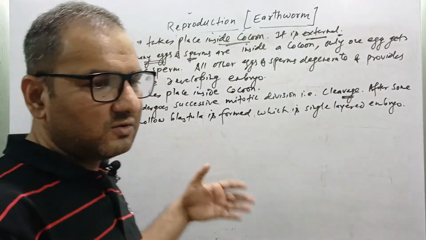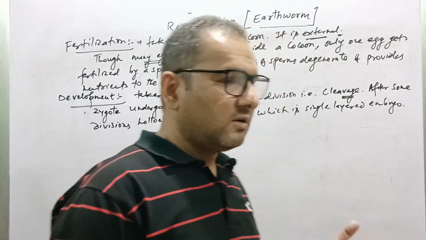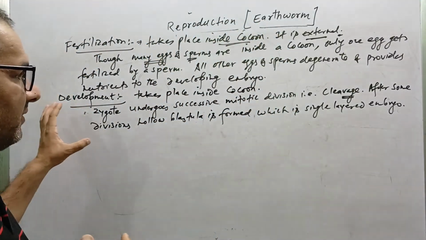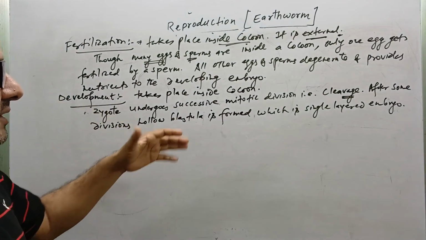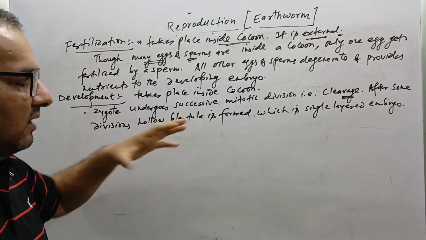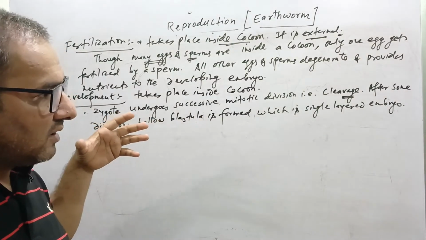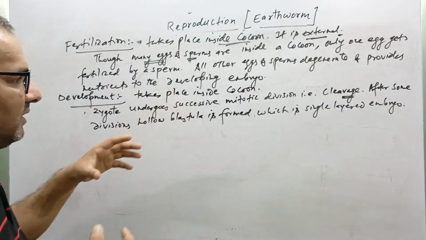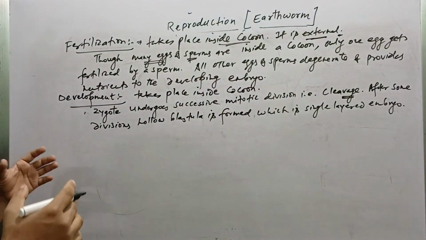This blastula undergoes some modification. We are not concerned with the detailed study of the development, so we read in brief about the development. We don't read how the blastula is formed, how this blastula gets changed into the gastrula, or go into the detail of the process of blastulation and gastrulation. We simply read the outline of the development.